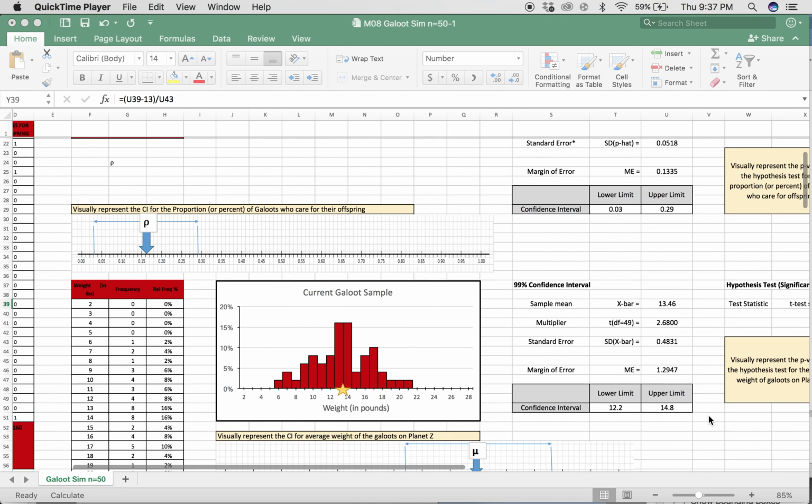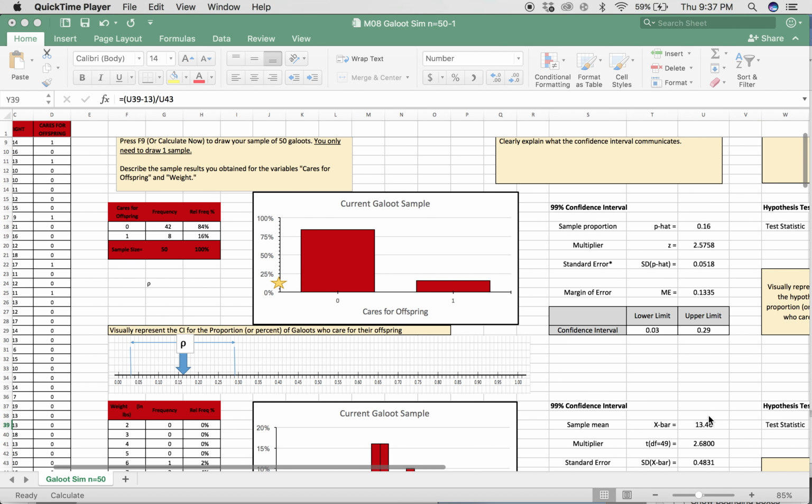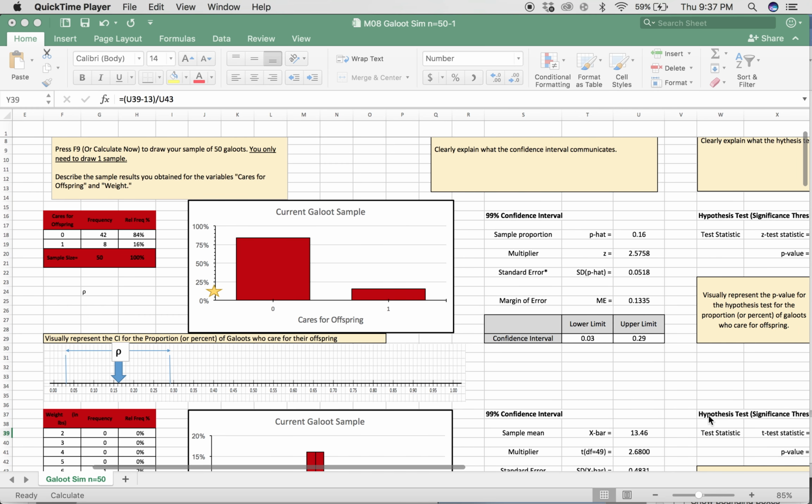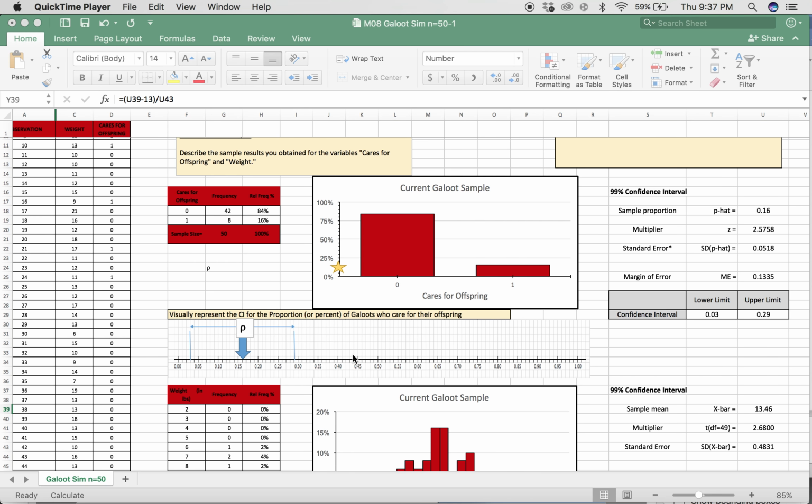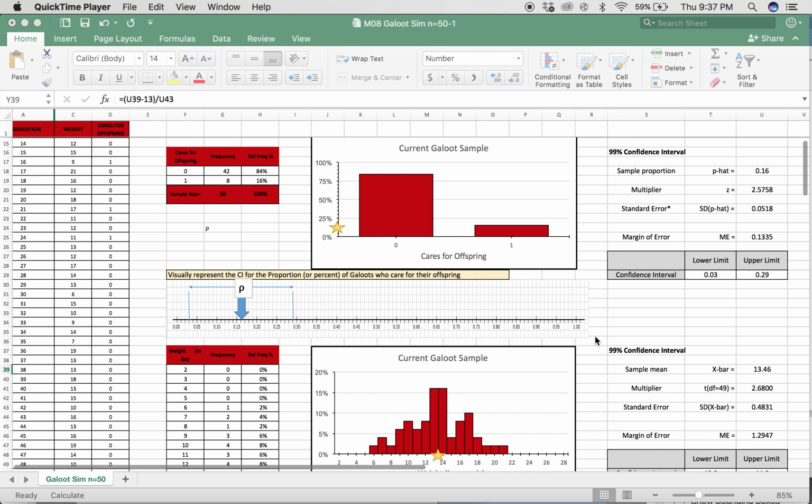So then for the confidence intervals, we had a lower limit for the proportion who care for offspring, where the average was 0.16 or 16%. The lower limit was 0.03, and the upper limit was 0.29. I thought representing it this way made it a little easier to tell what we were looking at.